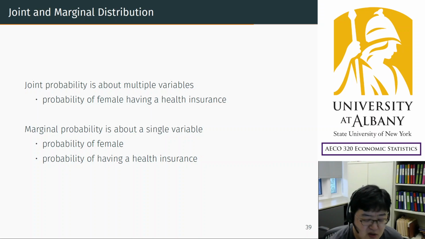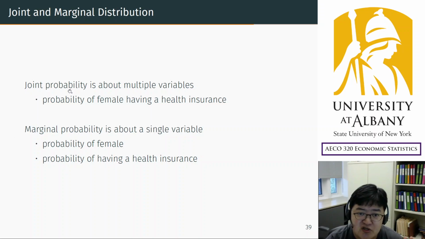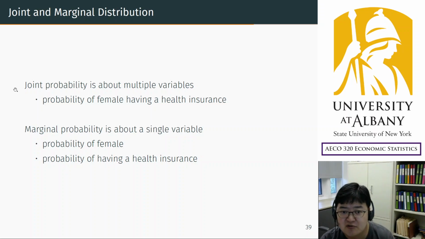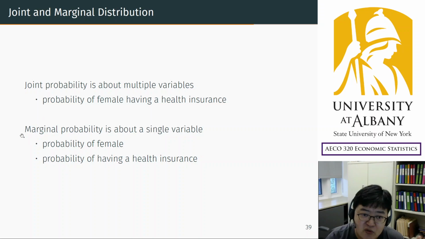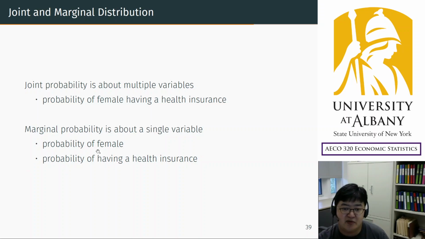And then what we are going to study here is that marginal distributions, you may think of it this way. Joint distribution is about two variables, and when there are two variables, you can also think about two marginal distributions, one for each of the variables, like probability of female and probability of having a health insurance.